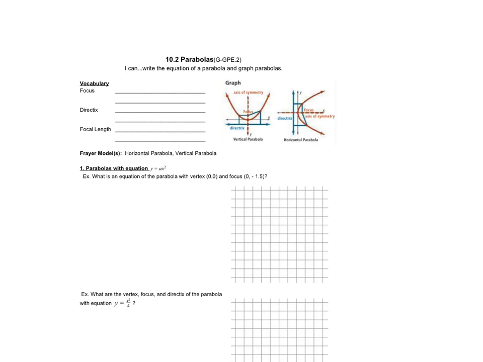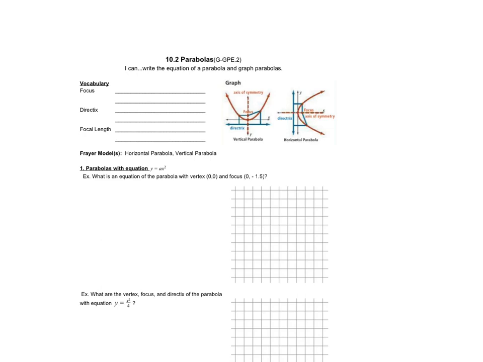We have a vertex, which is something that we are used to working with, and that is going to be right here. And the focus, of course, which we've already identified. We will find that the distance from the vertex to the focus is the same as the distance from the vertex to the directrix.